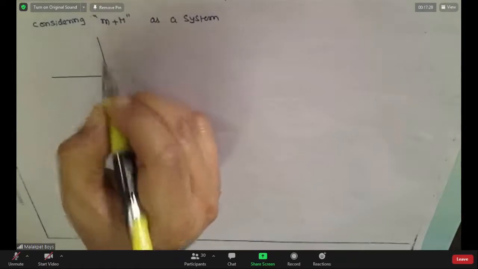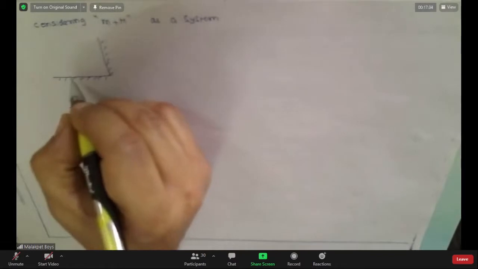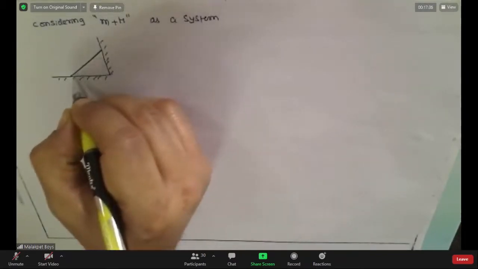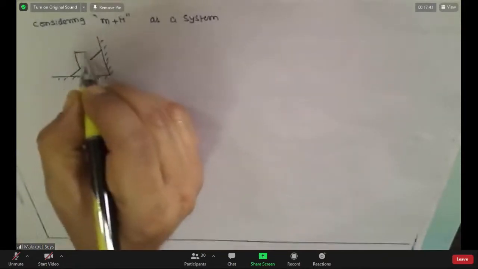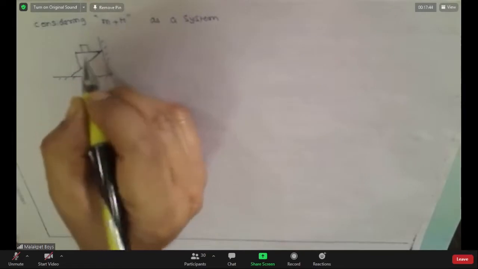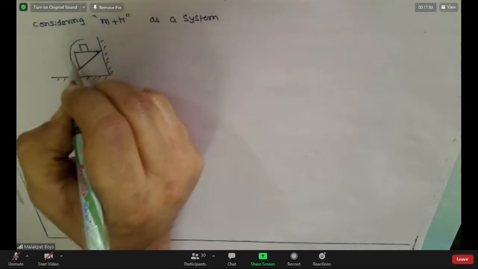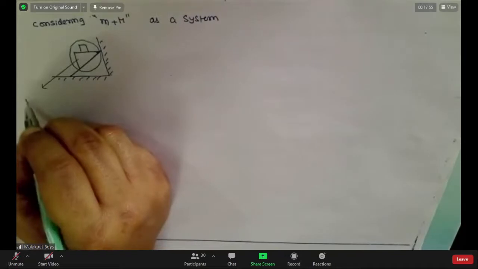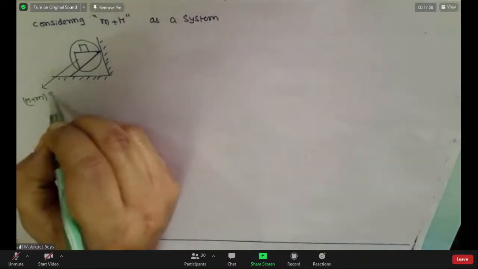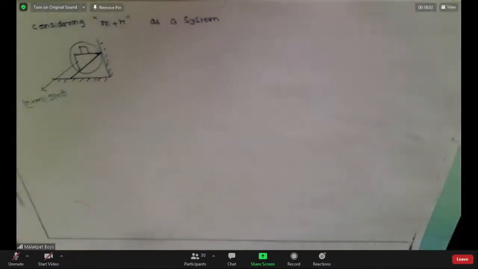If you consider this as one system, can you tell what is the force on that? I am taking both as one system. So the force down the plane on the system will be, do you agree with this? Any doubt is there? No doubt, sir.